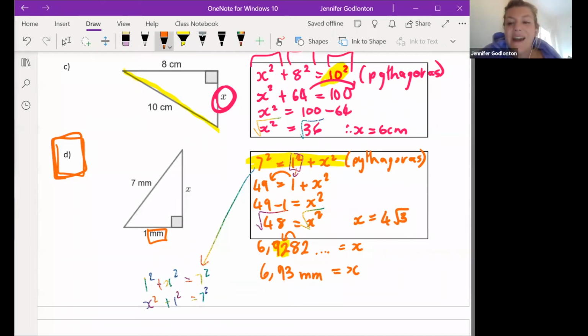Yes, ma'am. Okay, so this is surd form. It's the same answer, it's just not in decimal form. So on your calculator, you need to push this button that says S to D. That S to D button means surd to decimal. And then it'll give you your decimal answer. Okay.